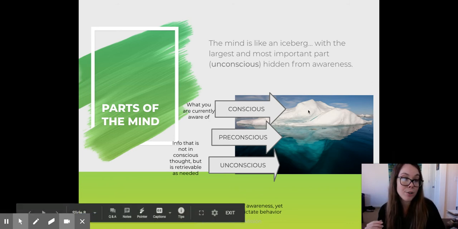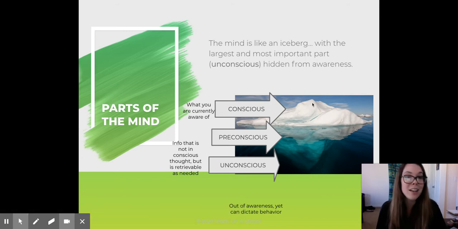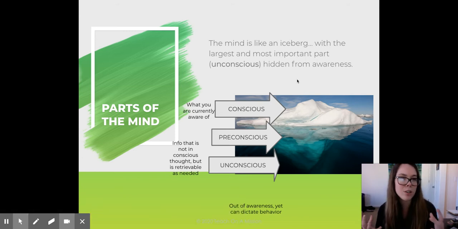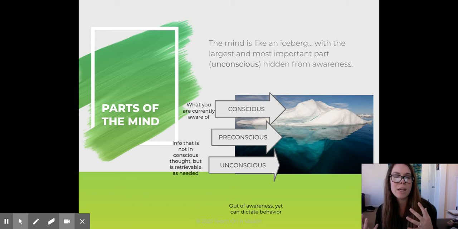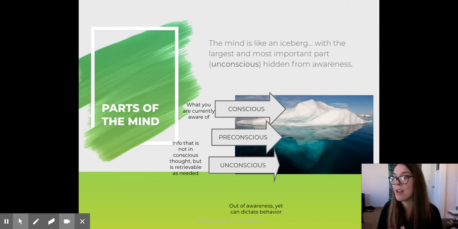This is our conscious personality, what we currently are aware of and what people see. Then there's the pre-conscious, info that we can pull from if we really want to think about it. We could say, maybe I'm crabby due to this experience. But then there's the unconscious, which is completely out of our awareness, yet it dictates our behavior.